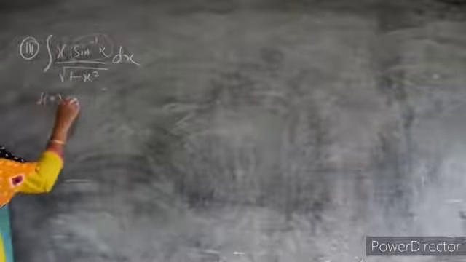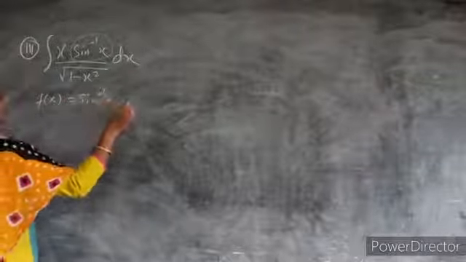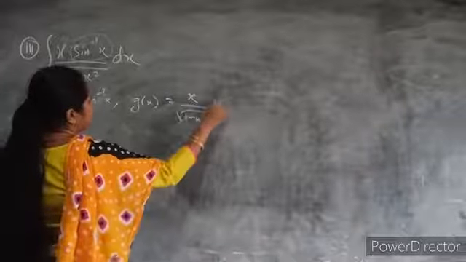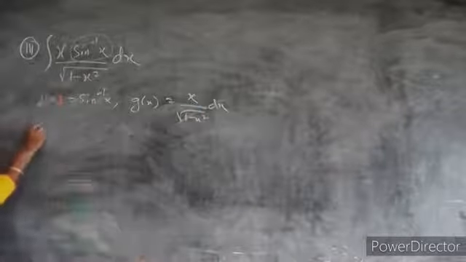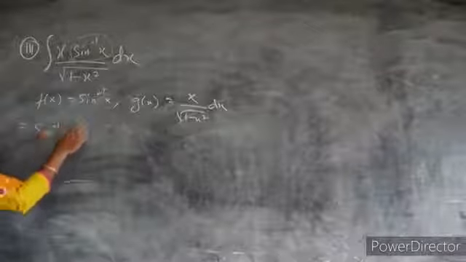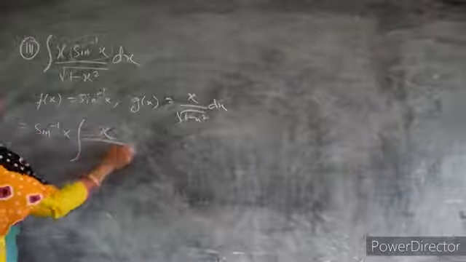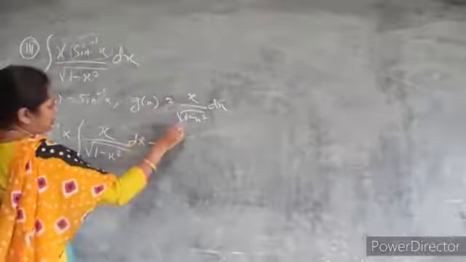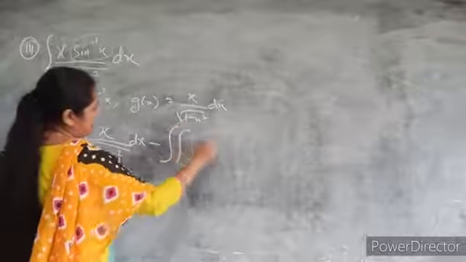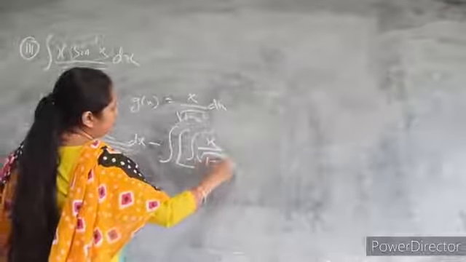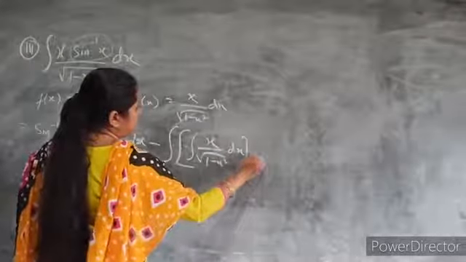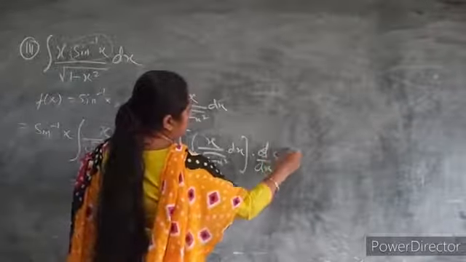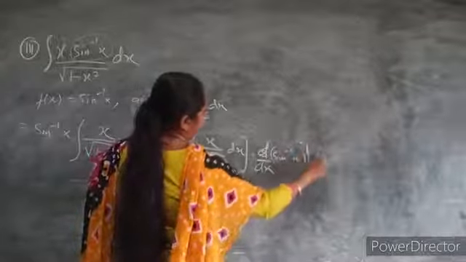That is f of x will be our first function and g of x will be our second function, because it's an algebraic part. So here the formula will be sin inverse x integration x upon root over 1 minus x square dx, minus outside integration, again x upon root over 1 minus x square dx into d/dx of sin inverse x dx.